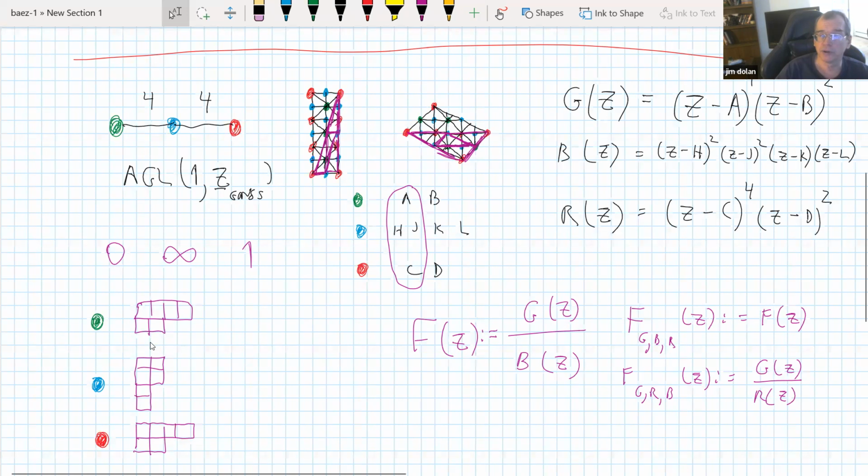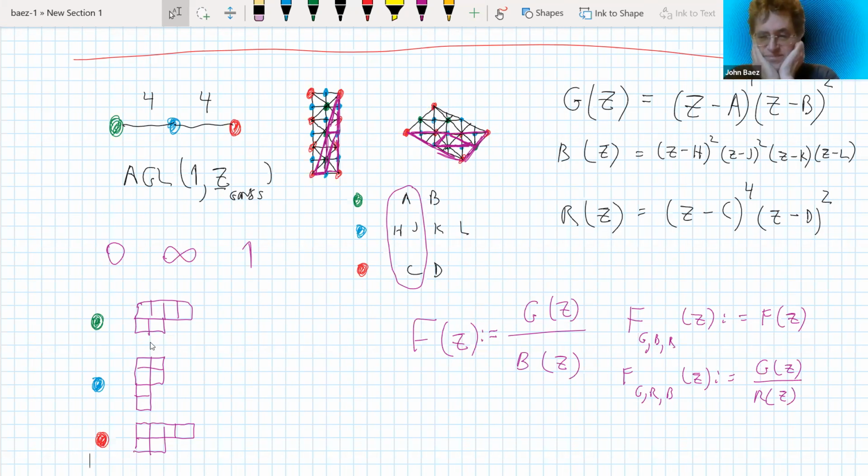So, right, this corresponds to the, what were you saying? Yeah. The generic fibers of this Belyi function are just going to be 6 element discrete sets. But then there are these special fibers.